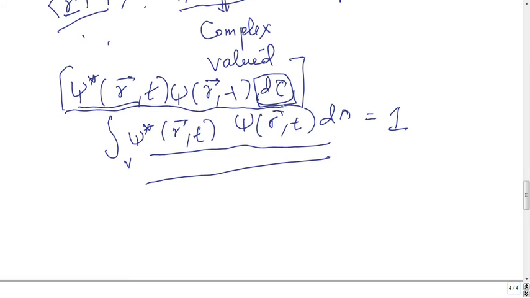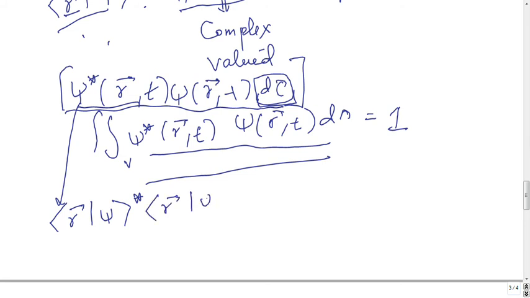Note this integration is the same as the inner product between R and psi and taking its complex conjugate times the xi d tau.